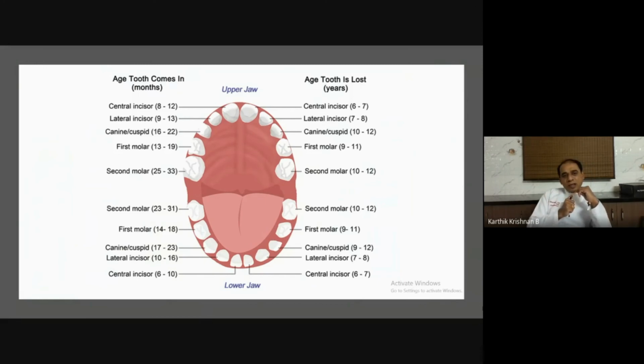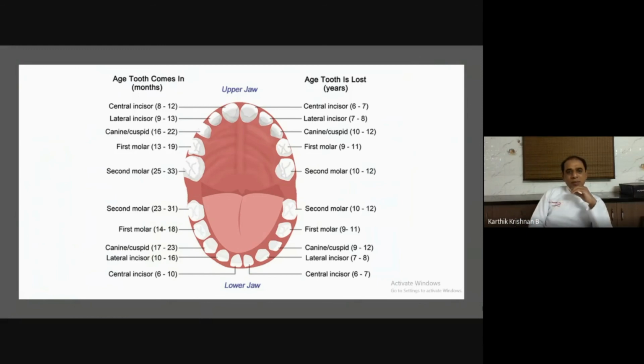If you see here, the central incisors, the lateral incisors, the canines or cuspids, then the first molars and second molars, they all erupt at different ages.